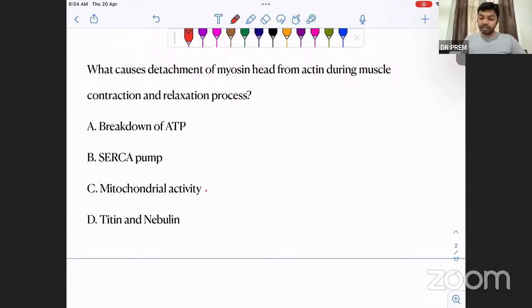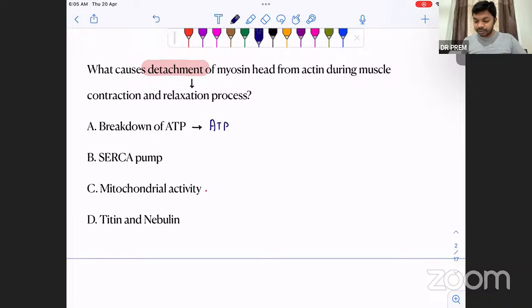See, people, the question emphasizes the process of detachment of myosin head from actin. The process of detachment is essentially all about relaxation. So we are not focusing on the contraction process; this question is all about how a muscle relaxes. Now, when it comes to breakdown of ATP, please remember this: ATP breakdown is going to give you energy.